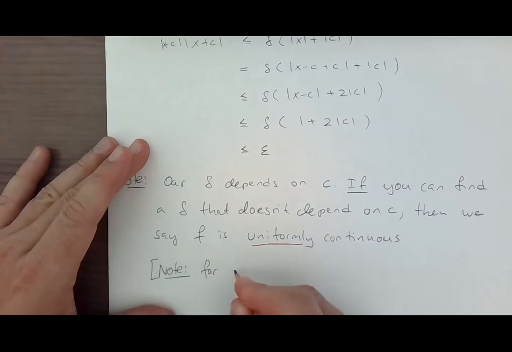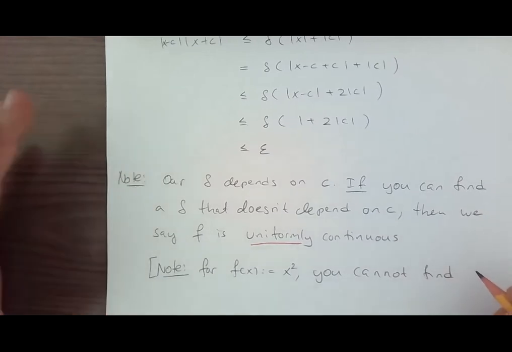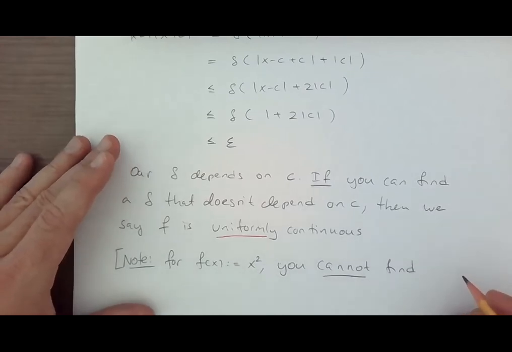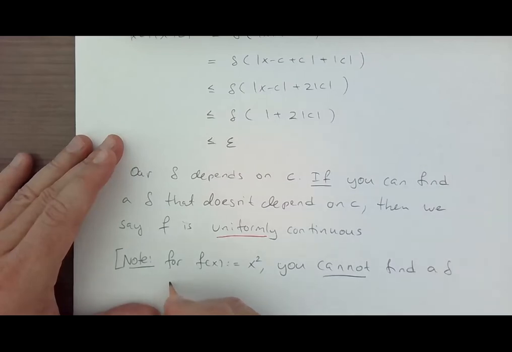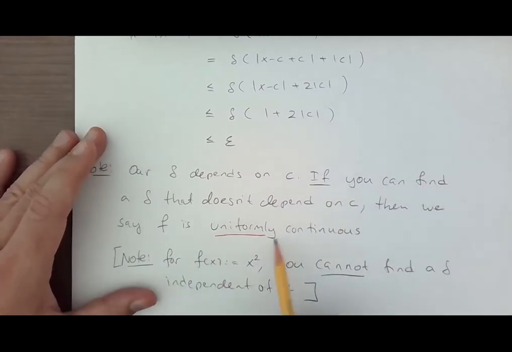For f of x being the square function, while Priya is right that you can choose many different deltas, here you cannot find a delta which is independent of c. But we're not doing that yet, but it's coming, and it's about this uniform continuity.